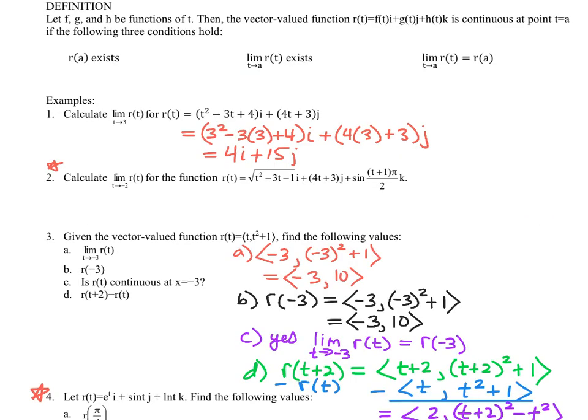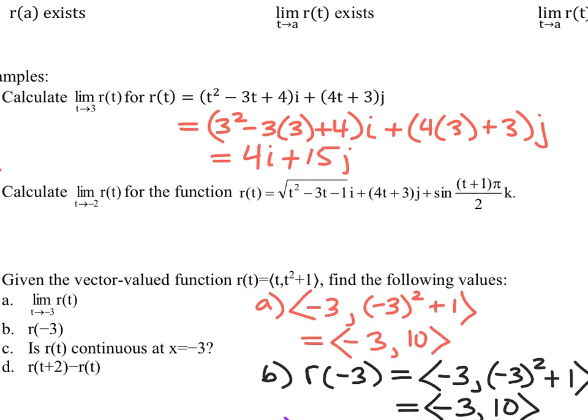So, limit of a vector valued function. But like I said last time, sometimes it's really not too bad. When I'm finding the limits, all I really want to do is plug and chug.